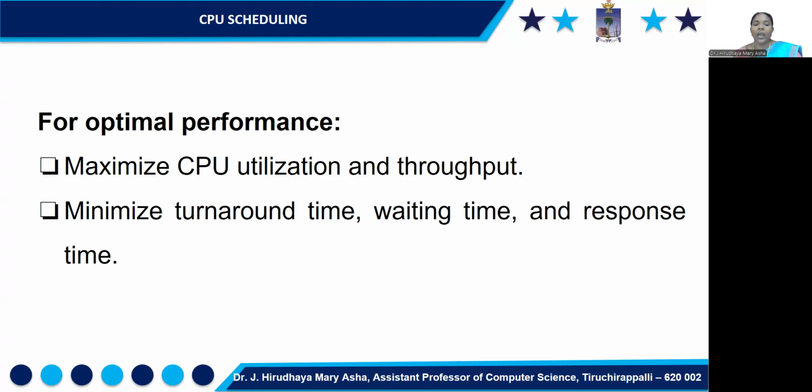Turnaround time means the time taken from the submission of the process to the end of the process. That means the completion of the process is considered as the turnaround time. And the waiting time is before getting the attention of the CPU, when the process has to be in a waiting state.